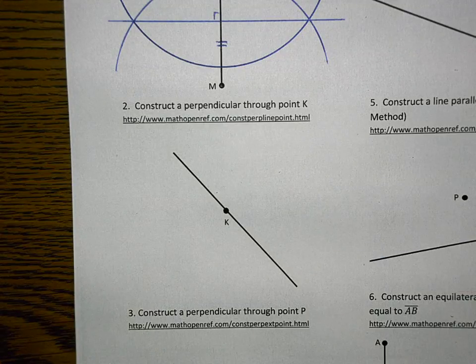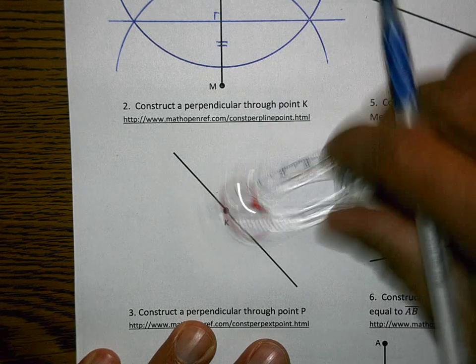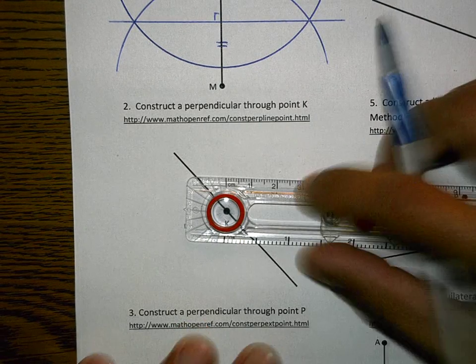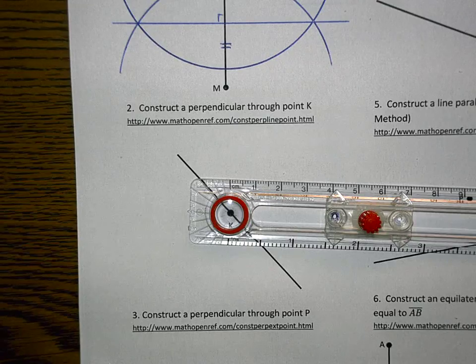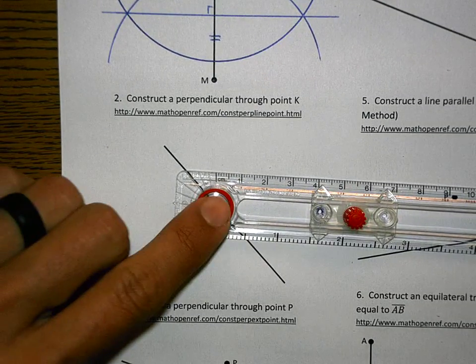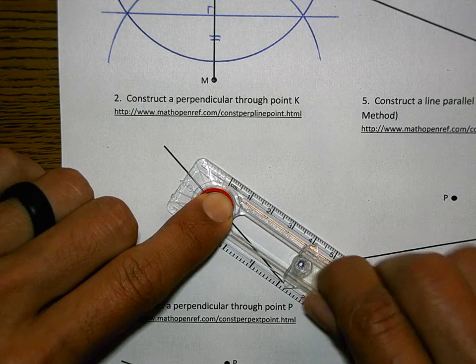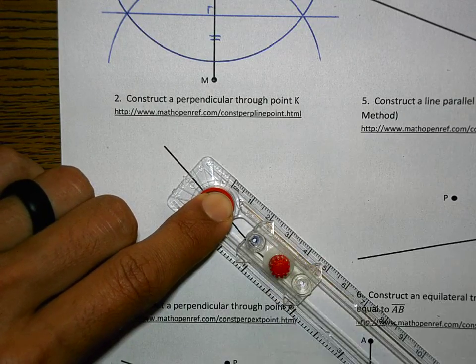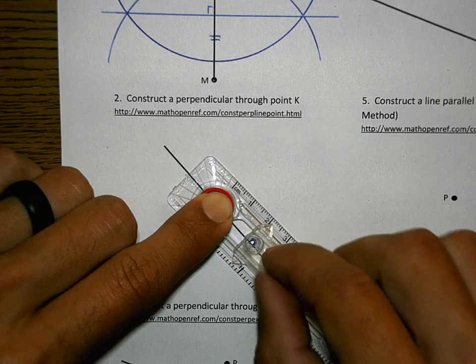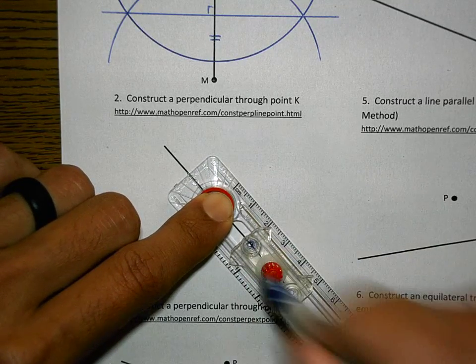So the very first thing we have to do is create these two equidistant points away from K. What I would do is put your bullseye on K, and then adjust your slider until you have the holder on the line, somewhere on the line. It doesn't matter where, but I'm going to put it right here on the line.